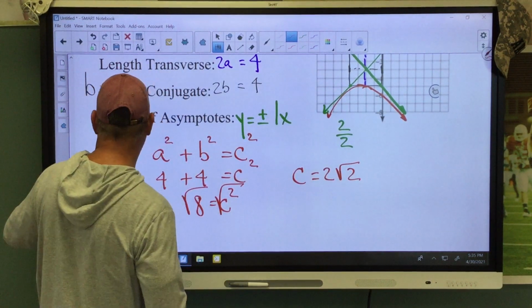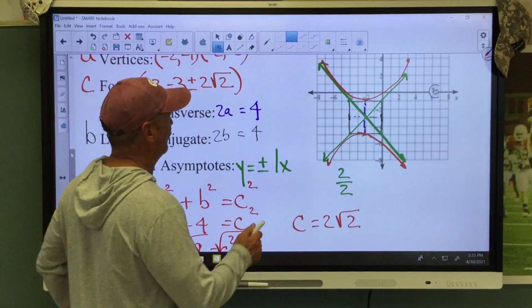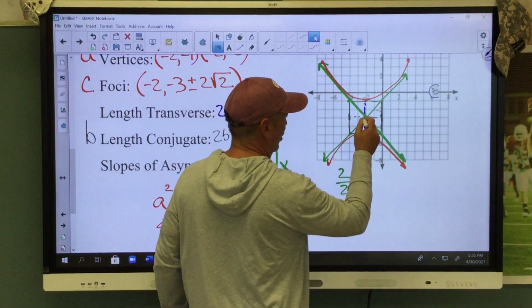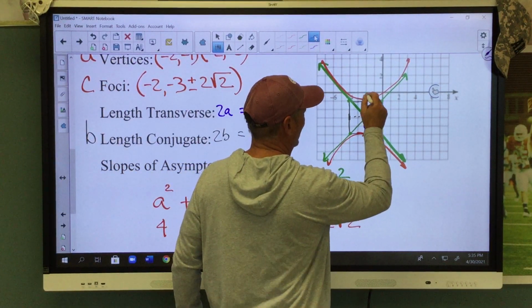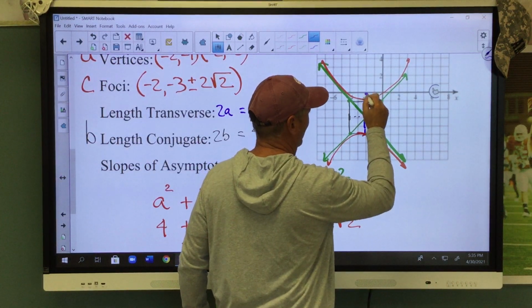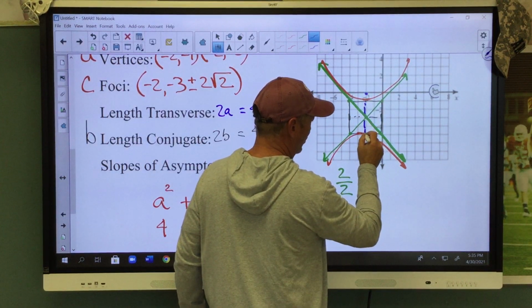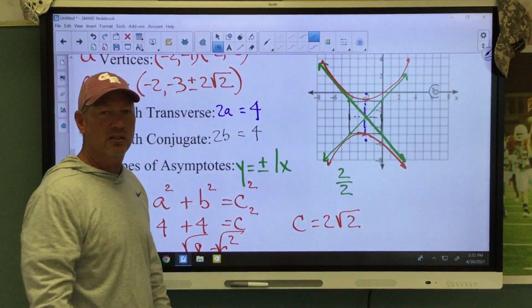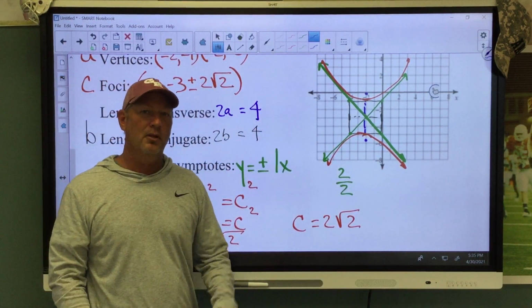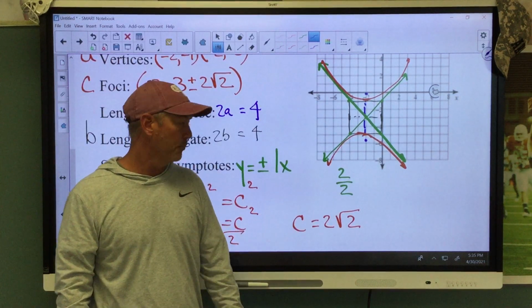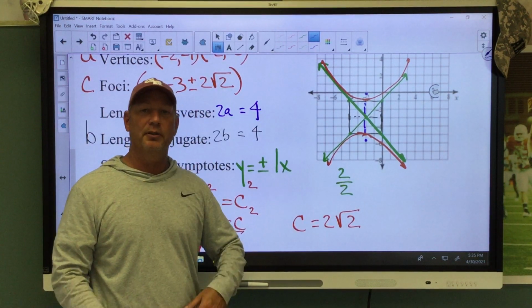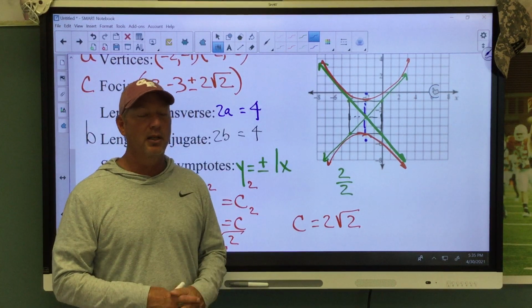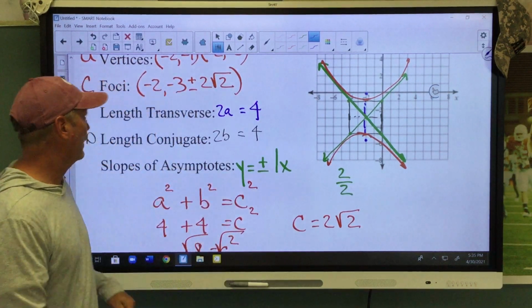So you can go to your graph, and you're going to say, I'm going to count from the center, and I'm going to go 1, 2, just a little bit short of 3, and that's the easiest way to graph your foci. Okay? This is one example. You might be confused a little bit. Let's try another one. Okay?